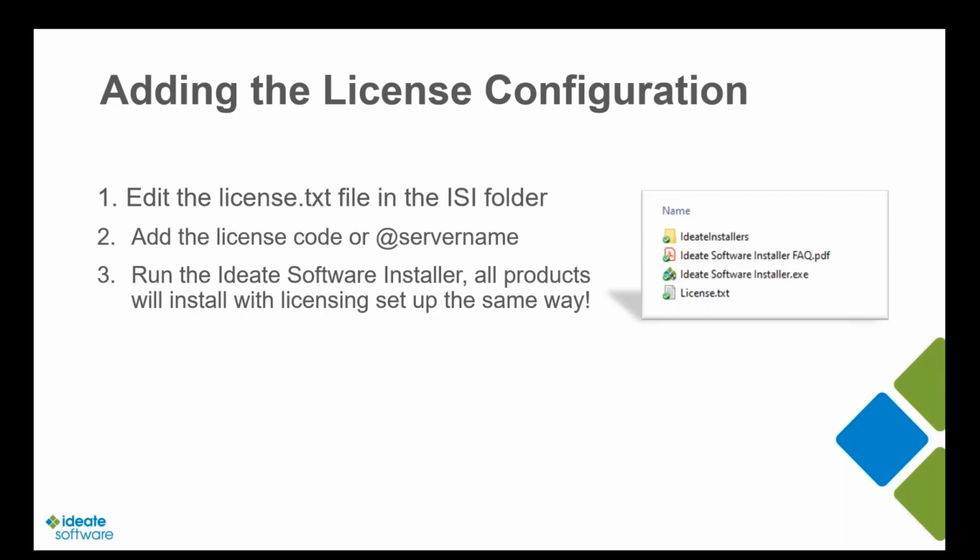So again, if you have a computer that's already configured with the correct license, you just leave that txt file blank and it won't touch it at all. If you are, however, say changing a server, you just type the server name into the text file and run the exe, and everything you install will have the new license server, which means no user interaction.